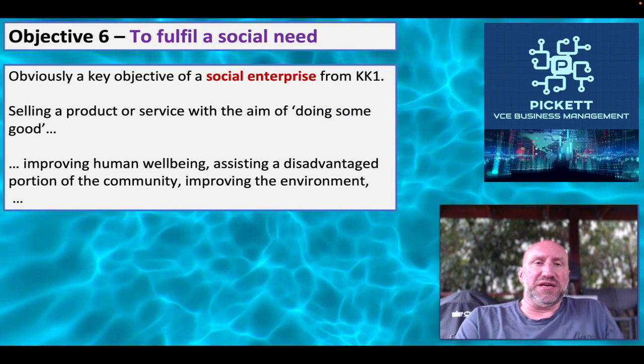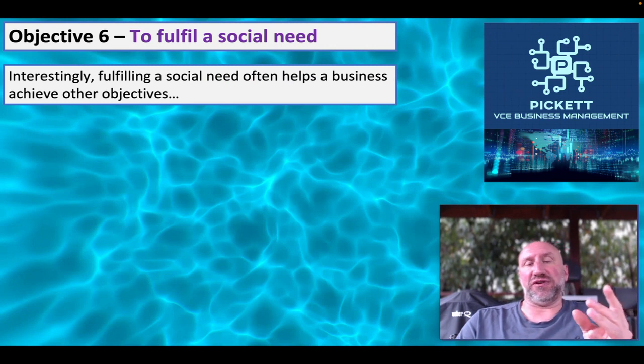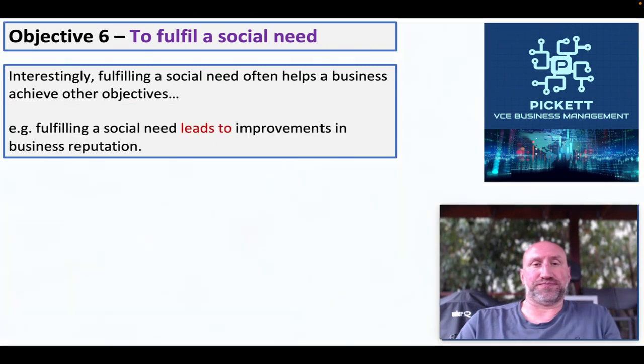Okay, so the idea here is selling your product or your service with the aim of doing some good, improving human well-being, assisting a disadvantaged portion of the community, improving the environment, whatever the particular drive behind your social enterprise is. Now I guess what's interesting here is fulfilling a social need often helps a business achieve other objectives as well.